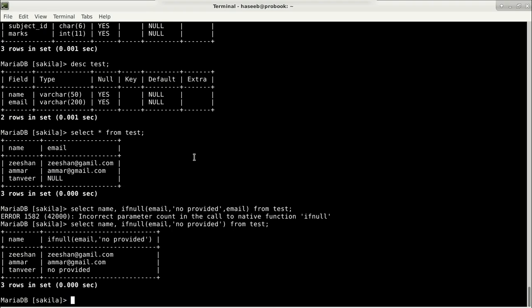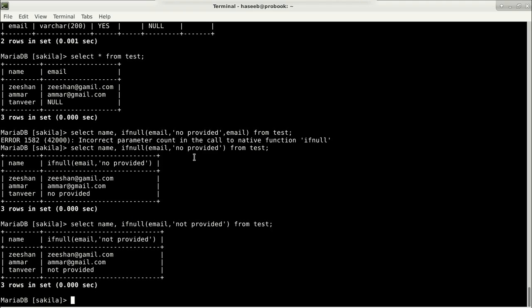So it will check if the value of email is not null, it will print the value of email, and if it is null, it will print the value we have provided, which should be "Not provided".